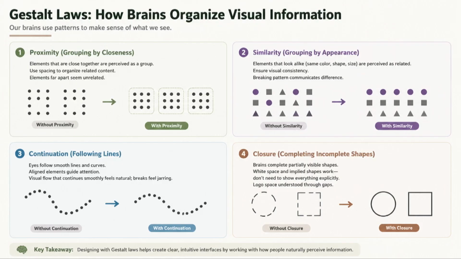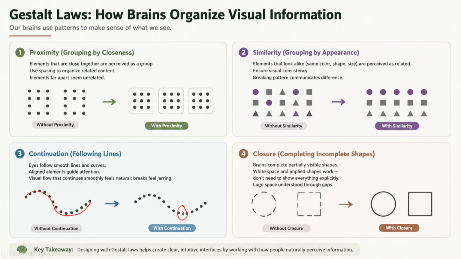Now continuation. Here you can see that there is no such continuation. These are a set of dots. Eyes follow smooth lines and curves. Aligned elements guide attention. So what it makes me feel is, yeah, this is still a line. This is still a line. You can notice that over here, I have a different shape.